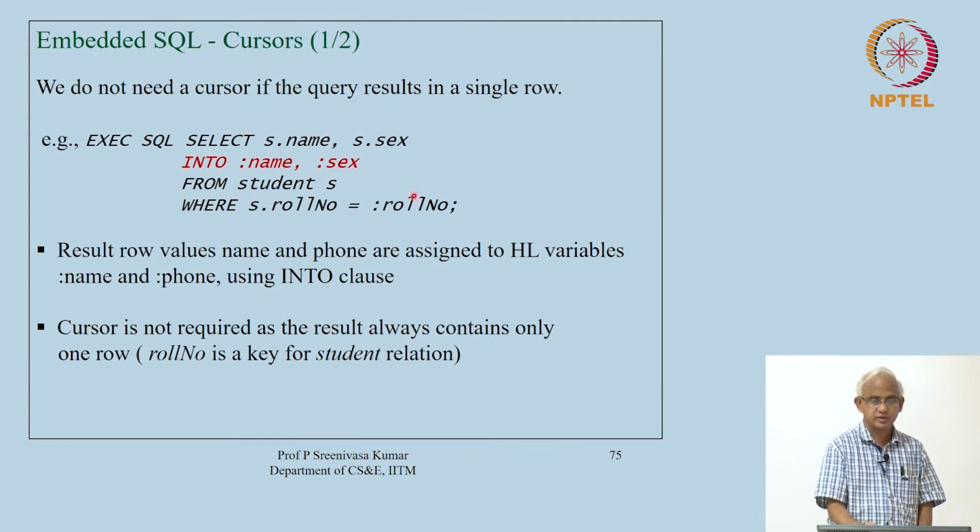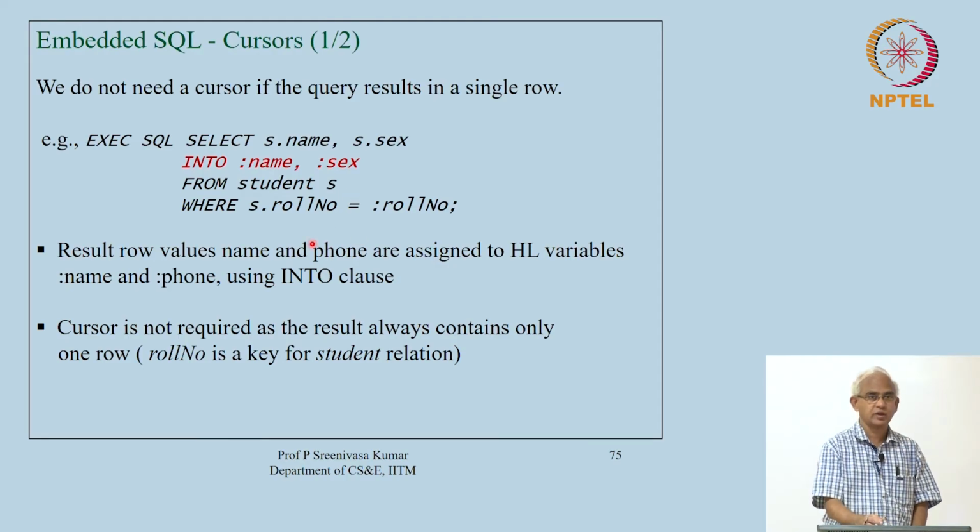You have already initiated the roll number variable with some specific roll number, and now you give this command saying get me the name and sex values of this particular student. Since roll number is a key, you know that you will only get one set of values, so there is really no need for setting up any cursor in this particular case, even though it is a query.